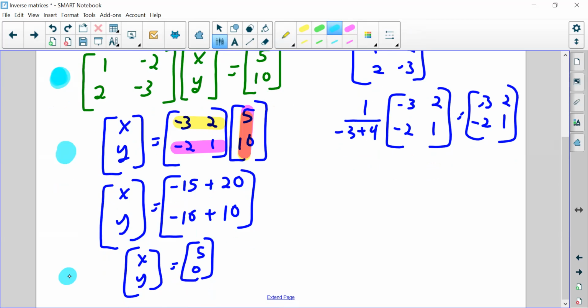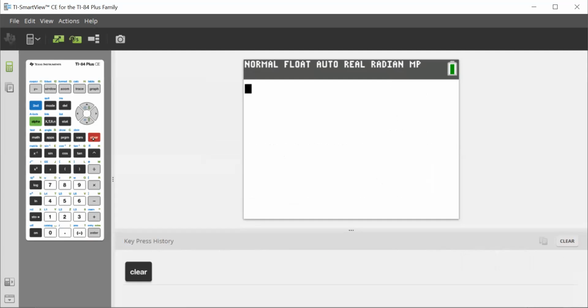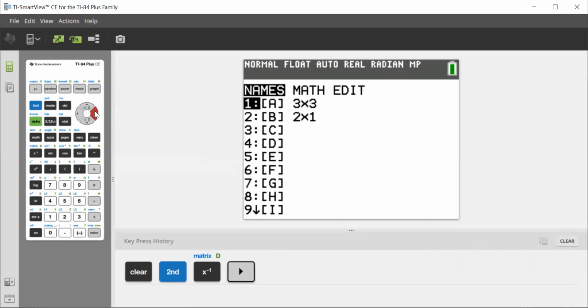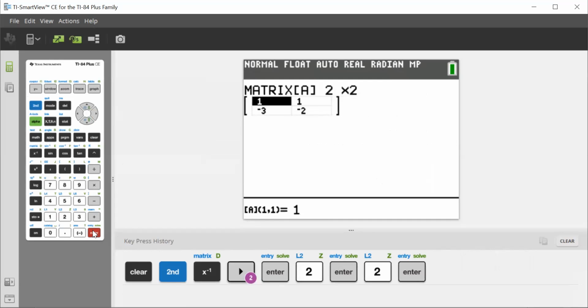So let's try this one with the calculator and see if it helps us. Make sure I have the equation written down. We're going to go back to our matrices and edit matrix A, my coefficient matrix. This is a 2 by 2 matrix for this example.